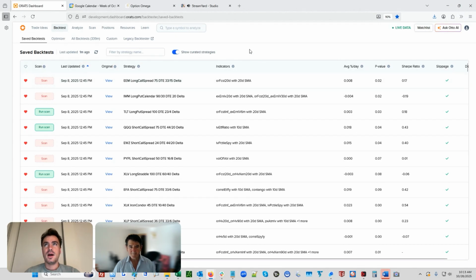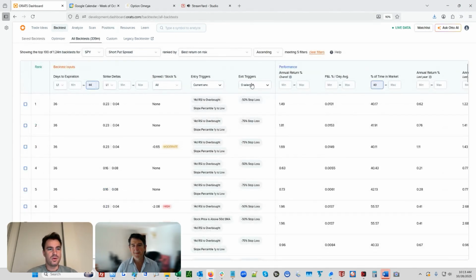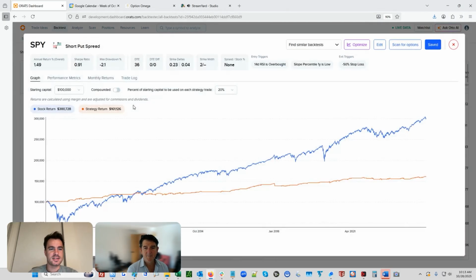Yeah. Let's go back to the backtest finder. I want to point out some more cool stuff that we have in that tool before we start scanning. We have an interesting feature called Find Similar Backtests. If you click on the backtest details, it's in the top right.